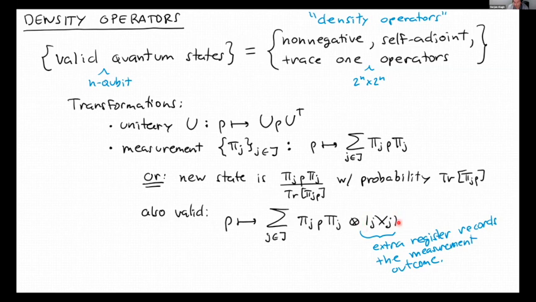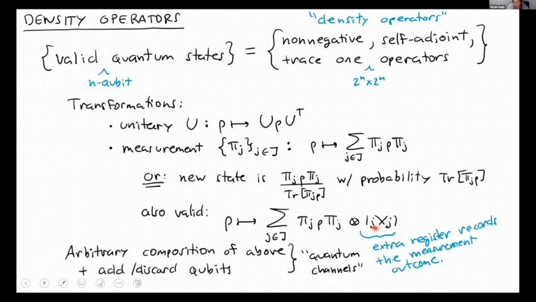And this is really important because this is how humans interact with quantum experiments. We don't know what's happening inside the thing, but we do have some lights going off telling us, like, a photon was detected here and not here. And that's what this additional register, which records the measurement outcome, corresponds to. Okay.